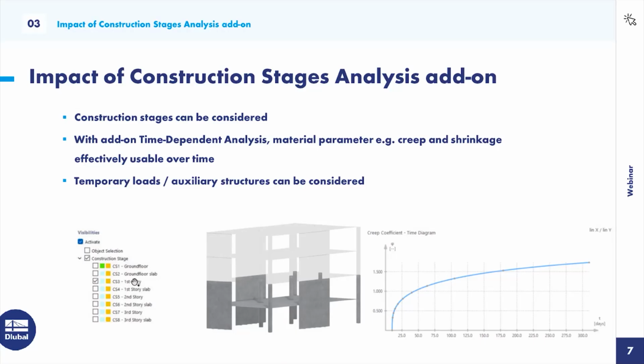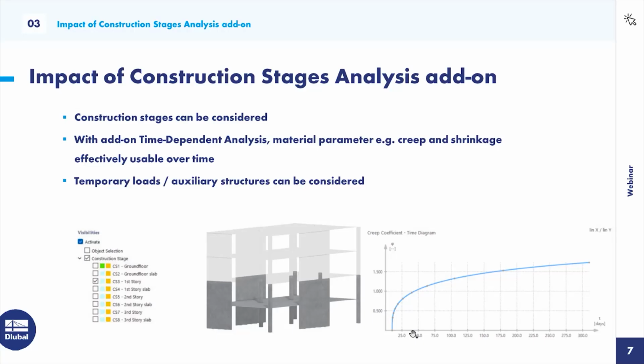So you have, in connection with the time-dependent analysis, the option to also consider the time, and that's very great because I'm from the concrete team. That's important. What I think about first is the material parameters, for example for the creep and shrinkage.